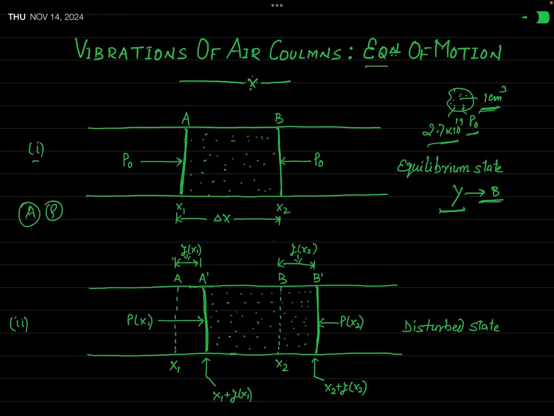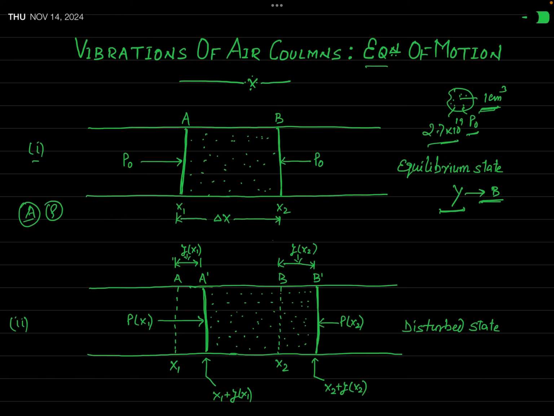So rho is the density of the gas and A is the cross-sectional area of the tube. As you have seen in the problem of continuous systems, we always divide the medium into small elementary elements or slices. Just like that, here we will also divide the column of the gas into small elements or slices.